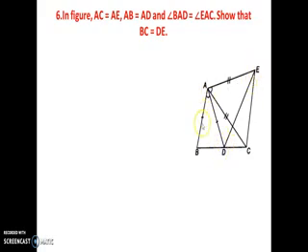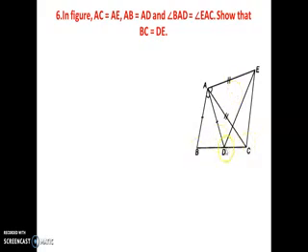For that we have to take these two triangles, that is triangle ABC and triangle ADE. Since we have to prove that BC and DE are equal, we have to take triangle ABC and triangle ADE, prove that these two triangles are congruent, and by using that congruency rule we can say that the corresponding parts of these two triangles become equal.